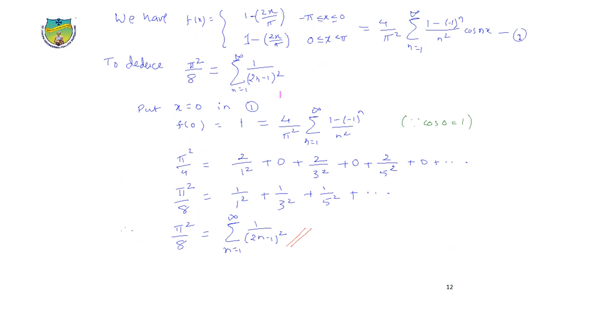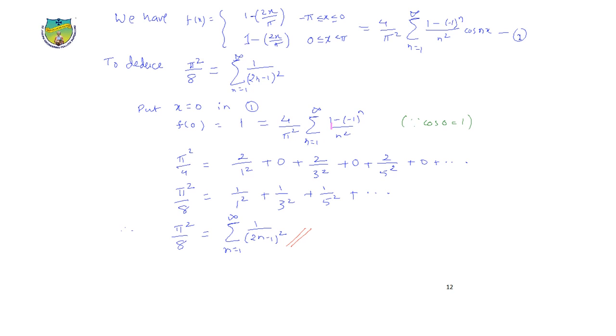So to deduce this one, pi square by 8 equal to something, take the value x equal to 0. If you observe, when x is 0, function value is 1. Therefore, we get pi square by 4, we rearrange it, pi square by 4 equal to 2 by 1 square plus, when n equal to 2, this is 1 minus 1, 0.